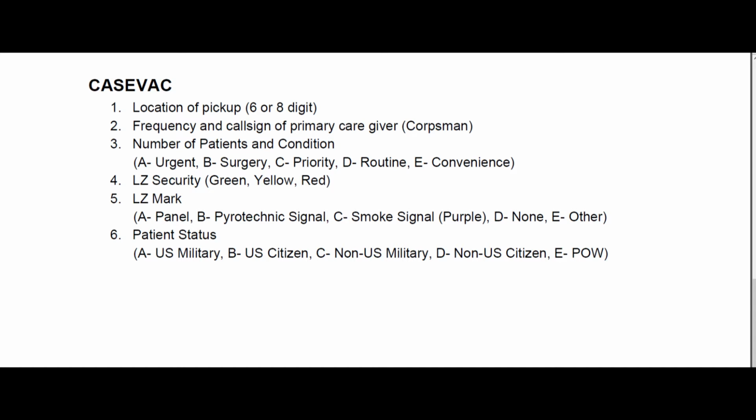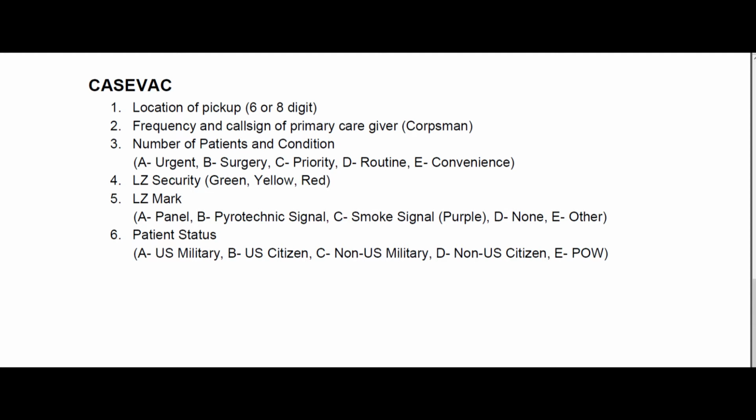Echo patients, these are the least patients of concern. They're also known as convenience patients. Echo patients are going to be ones that the aircrew can come in for whenever the opportunity arises, and there really isn't any urgent need because they can be taken care of on the ground. However, they still should be evacuated from the area.